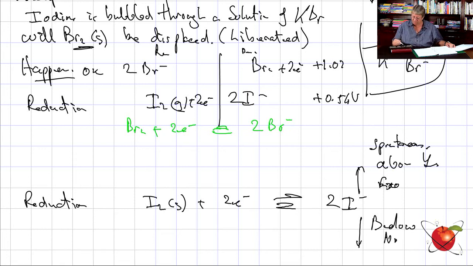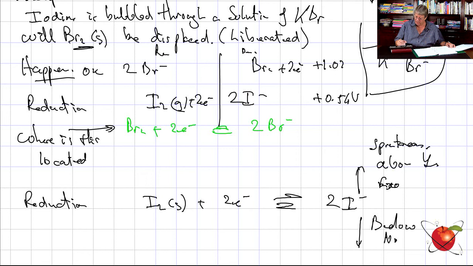So I now find where this is located relative to the other. And I say, hang on, that one is actually below. The Br2 is below the iodine one.